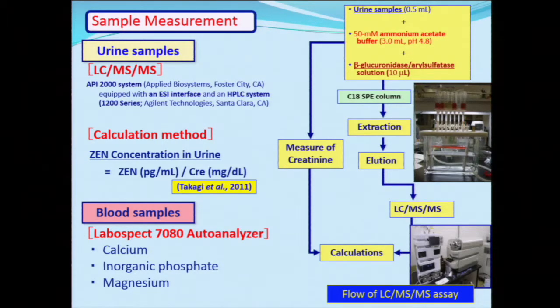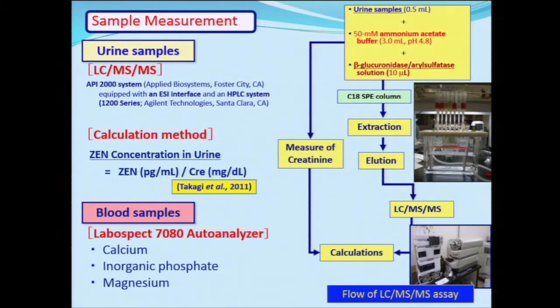This slide shows the procedure used to measure Zen concentration by LC-MS. Briefly, 0.5 ml of each urine sample was pre-incubated overnight with buffer and enzyme solution. After extraction with a column, the eluted samples were injected and analyzed by LC-MS.